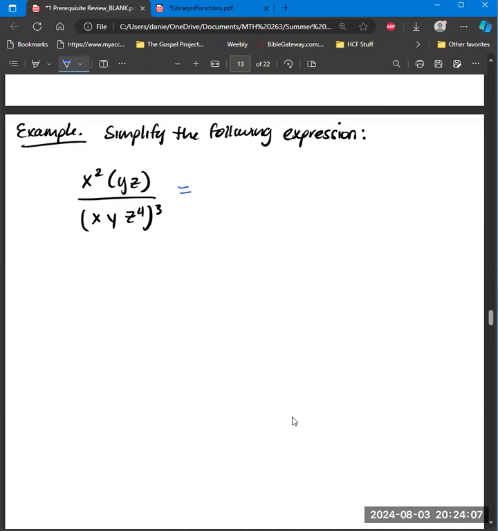So let's work on our numerator as x squared yz. And down here we get x cubed y to the third z to the 12th. Now we're going to take the smaller power to the bigger power like this.